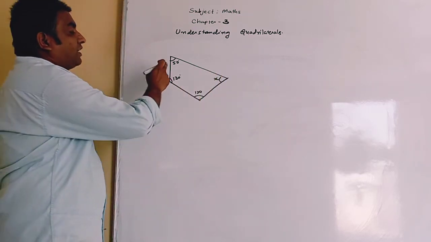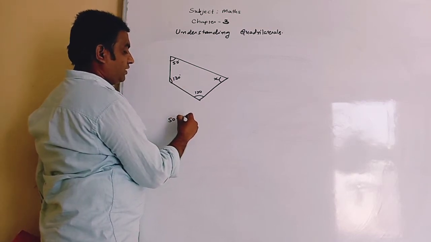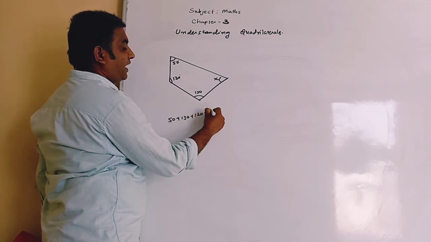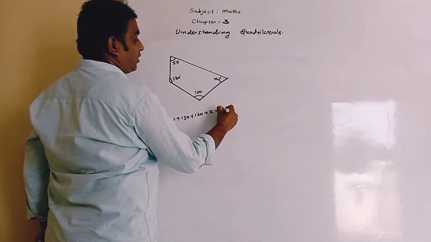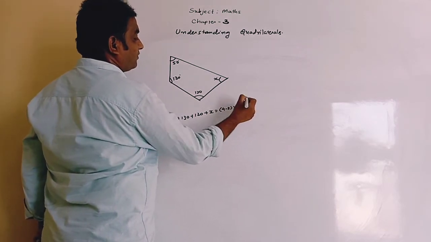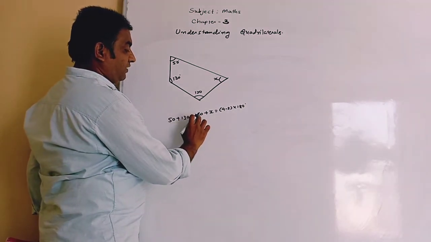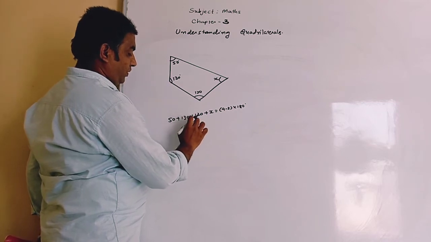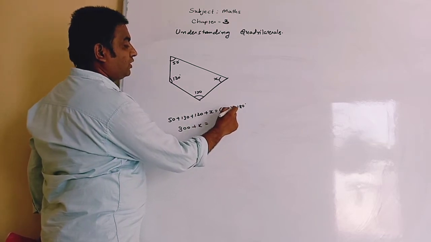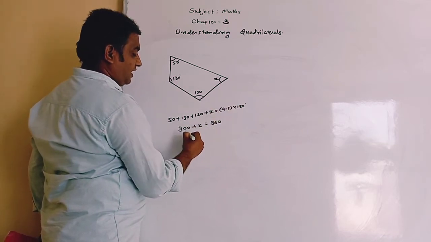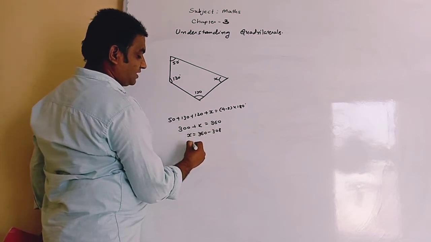Now we know that for the quadrilateral, 4 sides are there, so 50 plus 130 plus 120 plus x equals 4 minus 2 into 180. These three we add: 130 and 120 addition is 250, 250 and 50 is 300, plus x equals 2 into 180, 360, and so x equals 360 minus 300, so x is equal to 60.